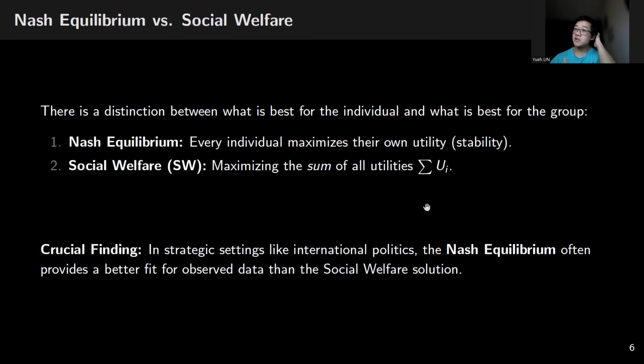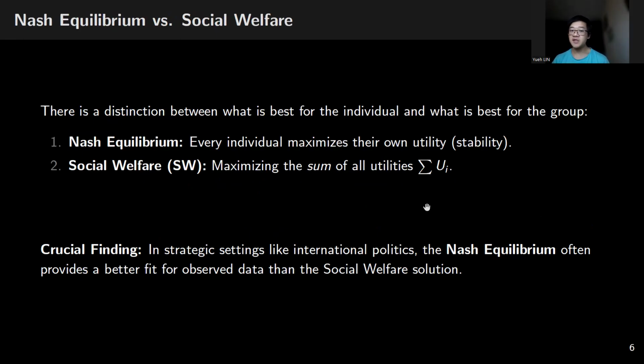We have already mentioned the difference between the Nash equilibrium and the social welfare. For Nash equilibrium, we only care about whether individuals cannot single-handedly improve the solution. Social welfare asks, among all the possible strategies of individuals, which strategy maximizes the sum of all utilities. In strategic settings like international politics, the Nash equilibrium makes more sense.